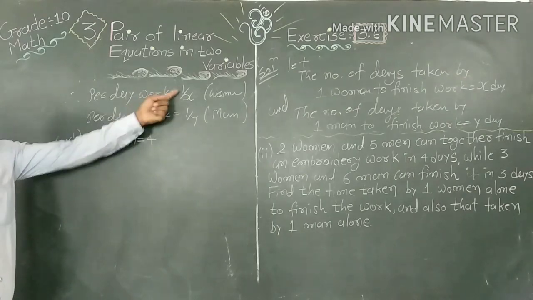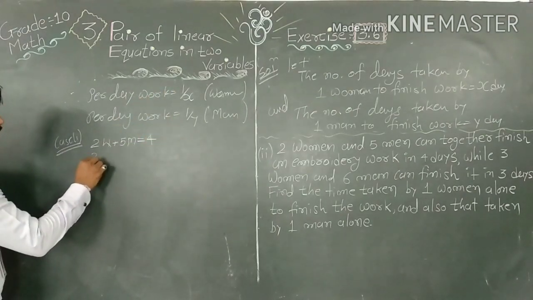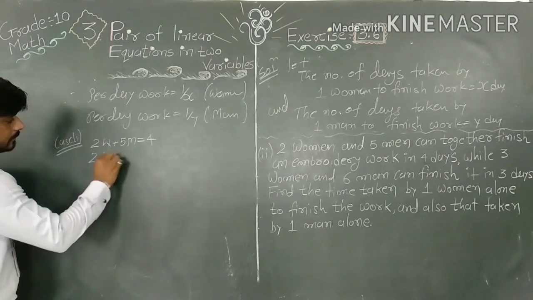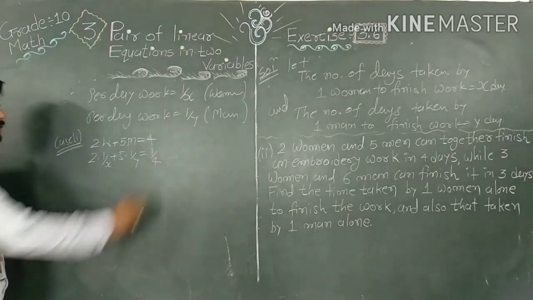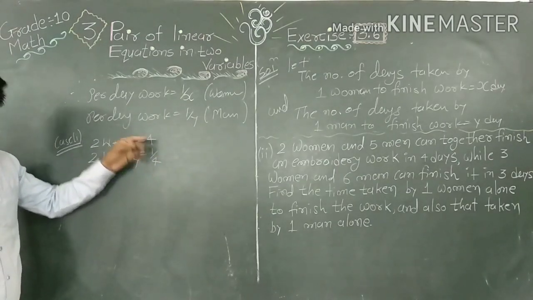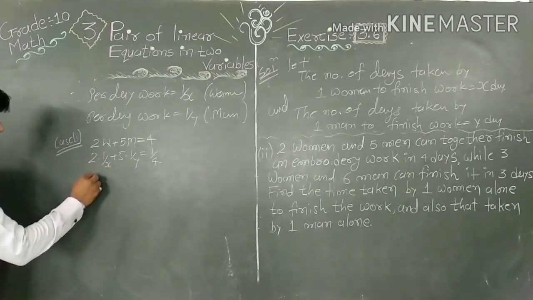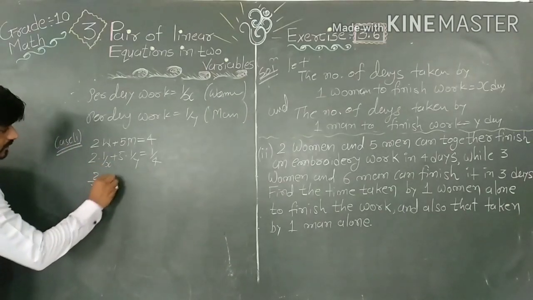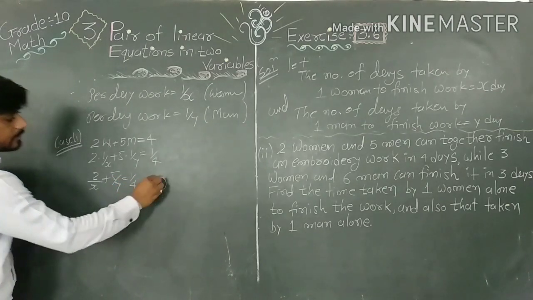For woman 1 upon x, for man 1 upon y. That means 2 into 1 upon x plus 5 into 1 upon y is equal to 1 upon 4. Because this is a 4 days work, I convert it to a single day. That means 2 upon x plus 5 upon y is equal to 1 upon 4. This is equation number 1.